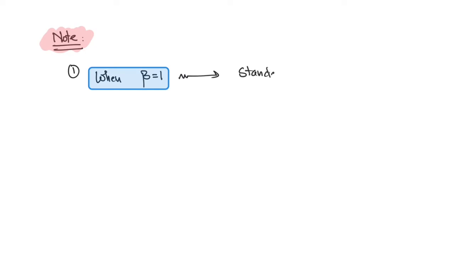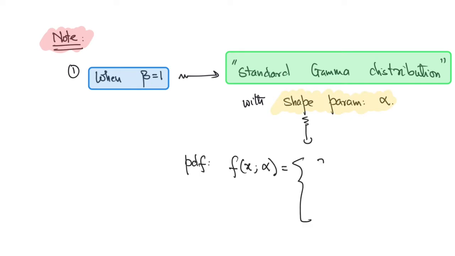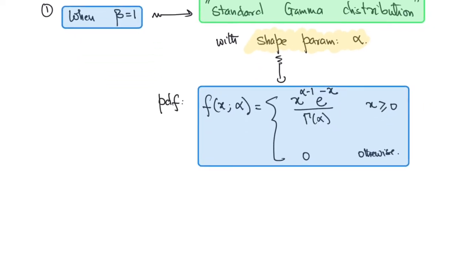Note that when beta equals 1, we call the distribution the standard gamma distribution with shape parameter alpha. The PDF of the standard gamma distribution is defined as follows, which is obtained from the earlier formula by taking beta equals 1.